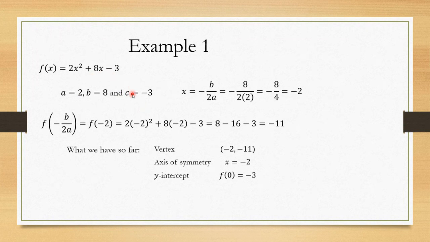So let's get the vertex. To get the vertex, we have to calculate negative b over 2 times a. So that's what we're doing here. That's equal to negative 8 over 2 times 2, which is negative 8 over 4, which is negative 2, as you can see.